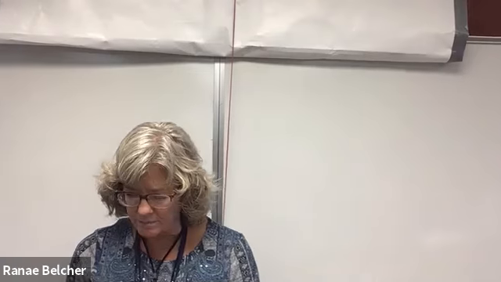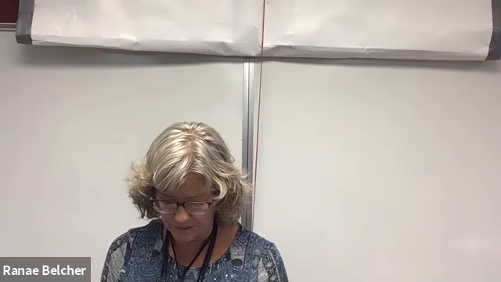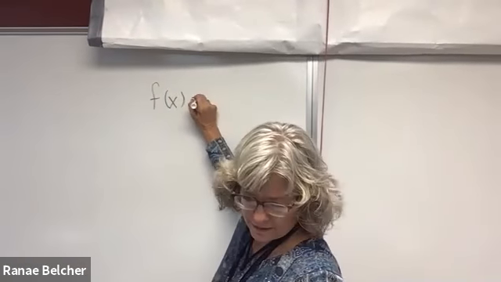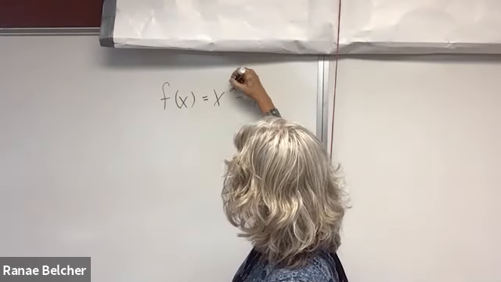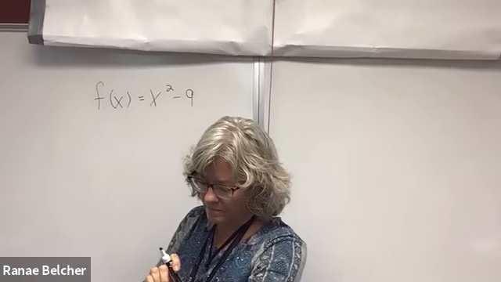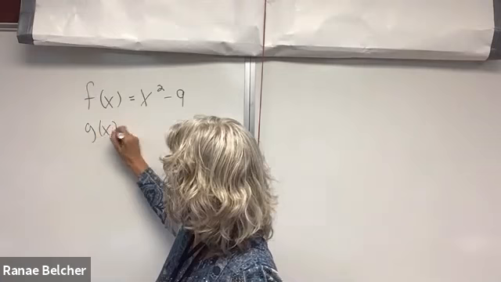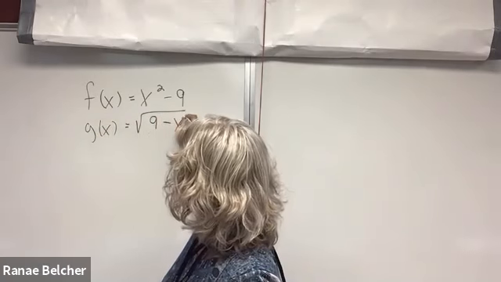Now look on 79. They're talking about finding the domain of f of g of x for the functions, and then they give you 2 functions. f of x equals x squared minus 9. g of x equals the square root of 9 minus x squared.